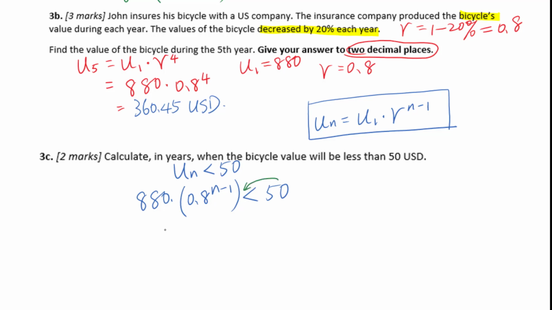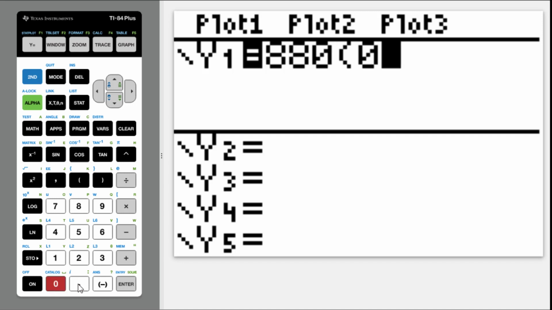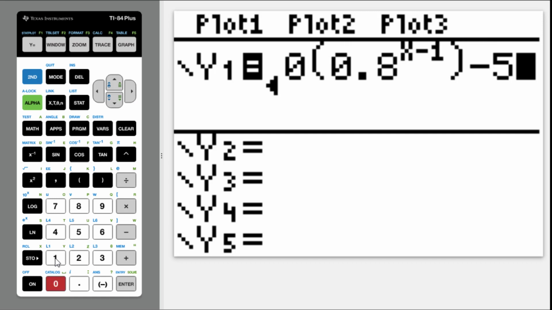Get the less than 0 form first: 880 times 0.8 to the n minus 1 power minus 50 less than 0. So go to y equals 880 times 0.8 to the x minus 1 power, then minus 50.